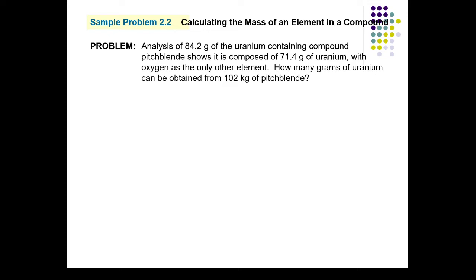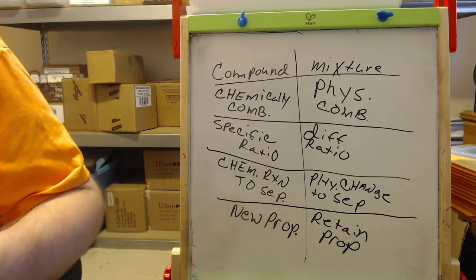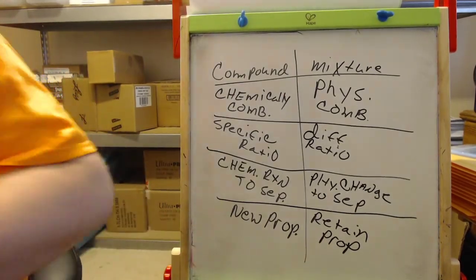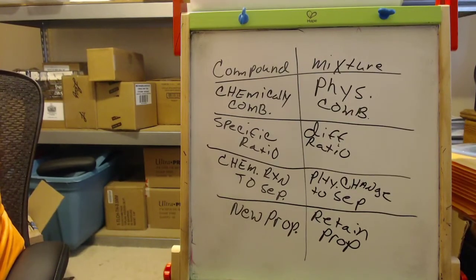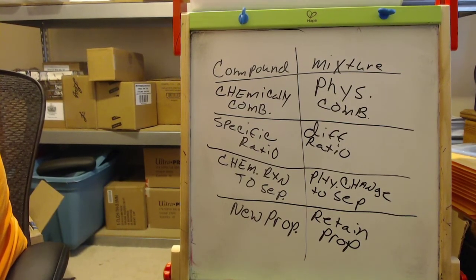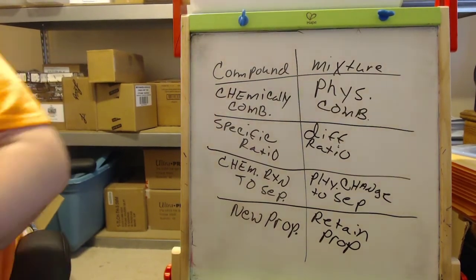Now, let's look at the sample problem that basically dictates the law of constant composition here. The sample problem states: analysis of 84.2 grams of a compound containing uranium showed that 71.4 grams of it was uranium, with the other grams being oxygen. How many grams of uranium are in 102 kilograms?